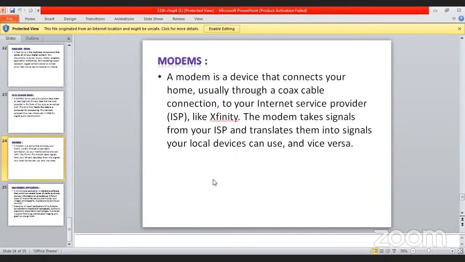The modem device has both modulator and demodulator circuits, and it is used to convert or modulate binary signals into analog signals to transmit over the telephone line. At the receiver end, the demodulator circuit converts these analog signals back into binary signals.